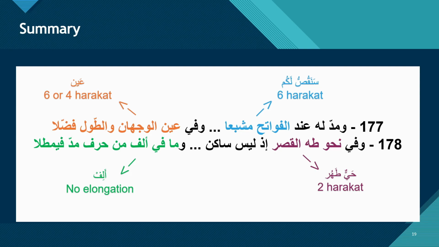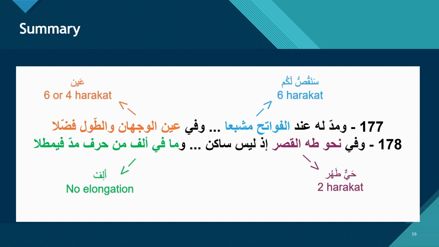And that is because the scholars of Qira'at and Tajweed gave a reason for this. They said in عين, the ya here is ya lean, and lean is weaker than al-mad, a letter of mad. So you can increase it 4 harakat or 6 harakat. Something to note here: scholars give reasons for why, for example, you increase here or decrease there, but even though they give these reasons, this is not what we follow.